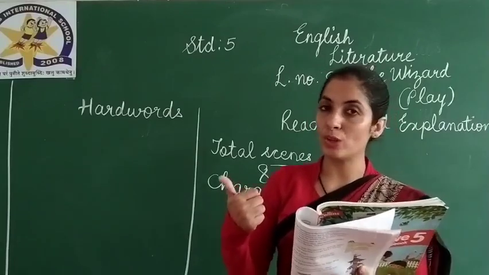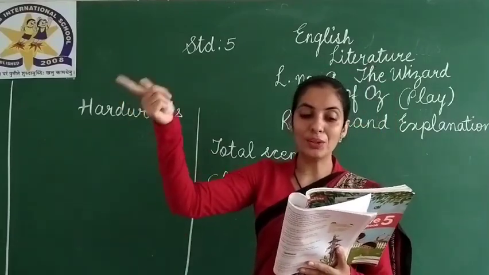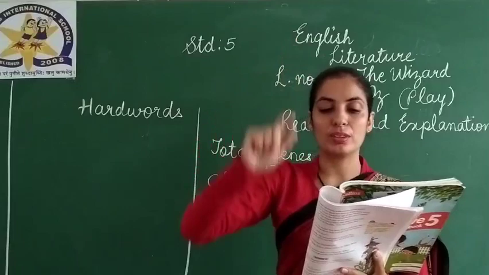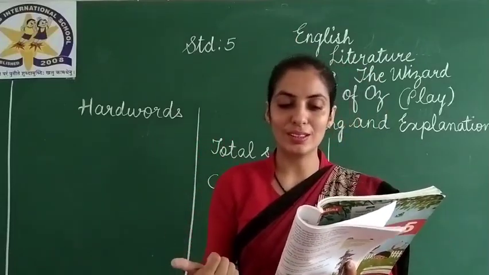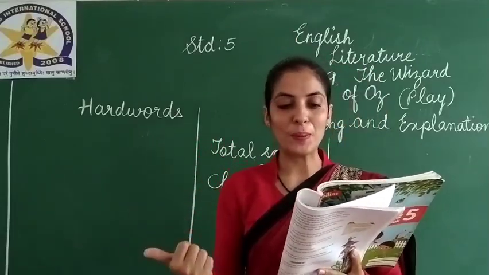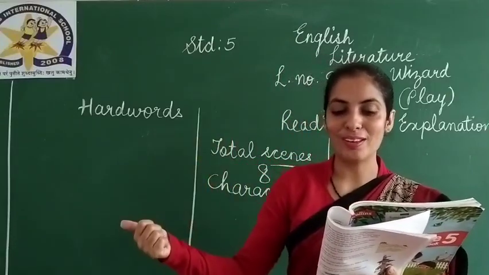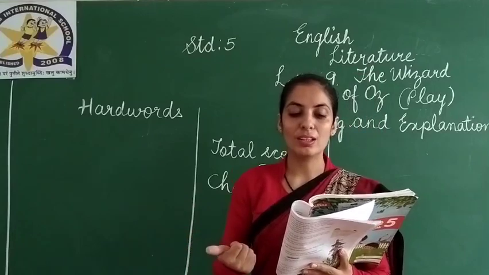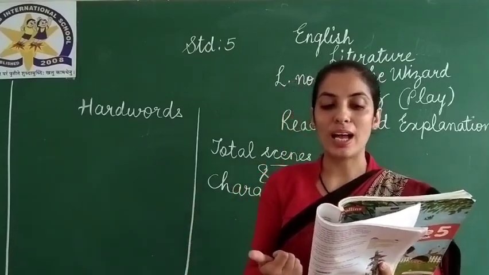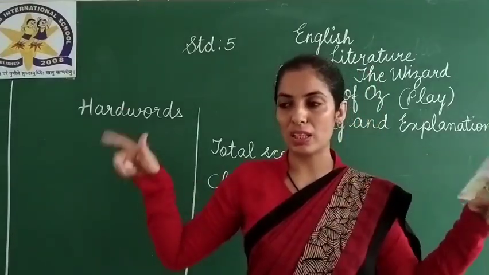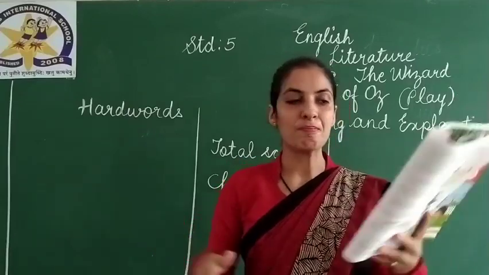So Wicked Witch of the West and Good Witch of the South. And then Dorothy, a little girl, Good Witch of the North. So we have 2 good witches of South and North. Tin Man and Wizard of Oz and winged monkeys. Monkeys are having wings.